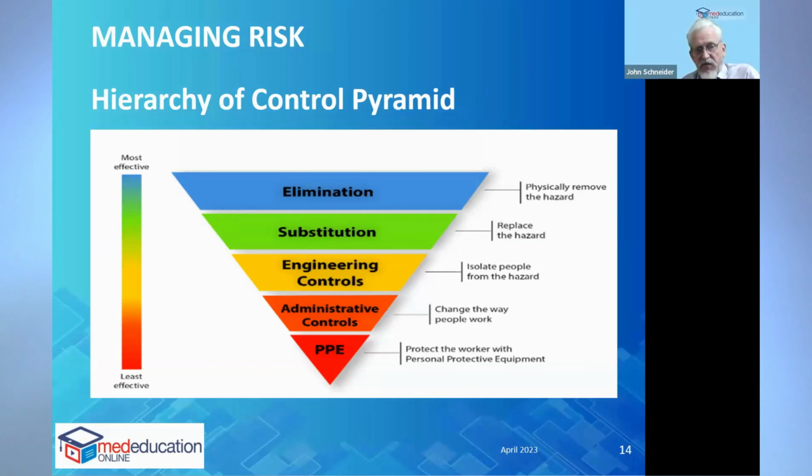And hopefully, as everyone in this webinar is concerned, everyone here recognises that personal protective equipment is the least important and the least effective of all those controls, because you've done nothing about the hazard.